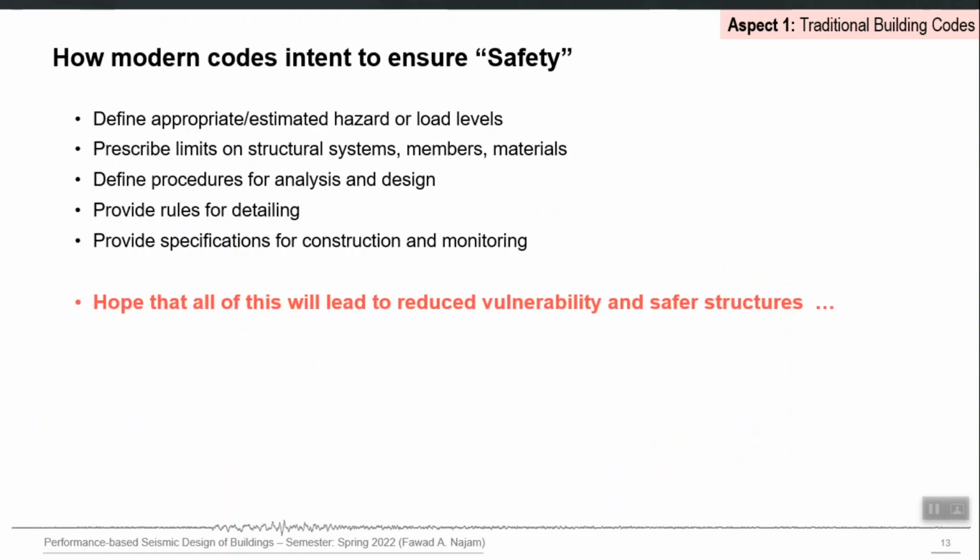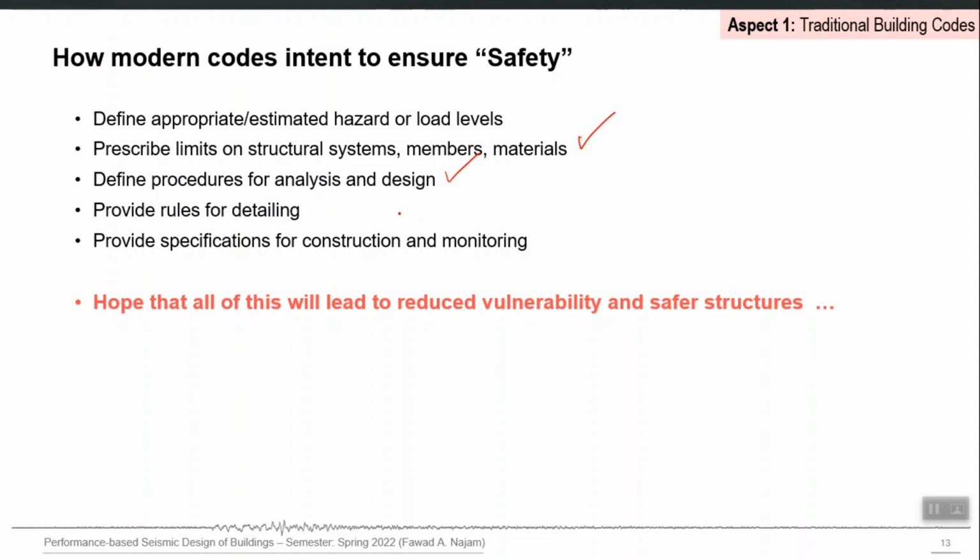So the modern codes define the estimated hazard or appropriate hazard level for the design of buildings, or load levels, for example, and prescribe limits on structural systems, members, and materials. They also prescribe the procedures for analysis and design.